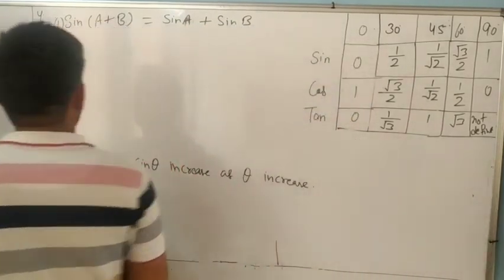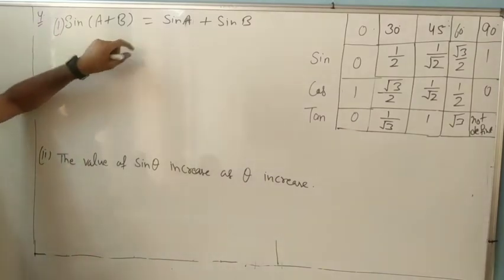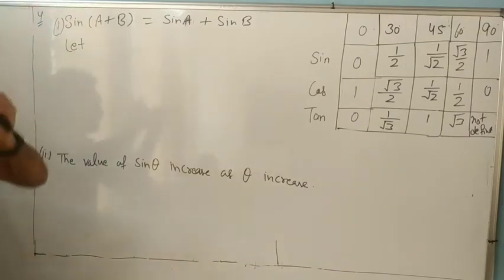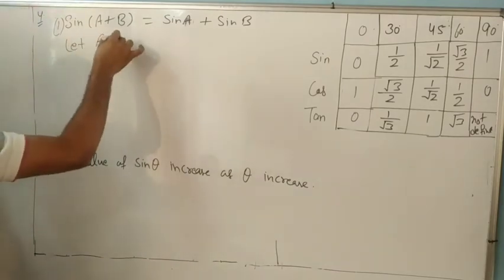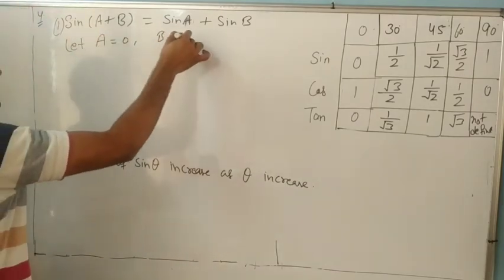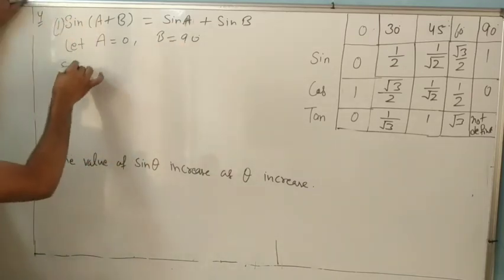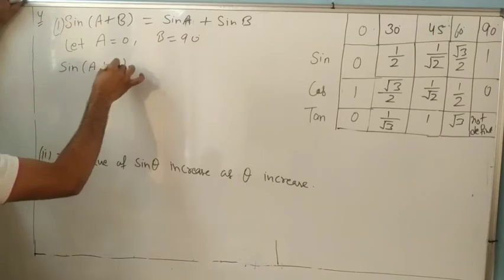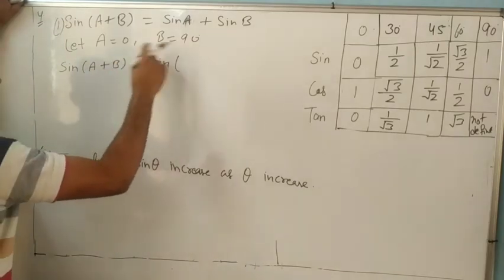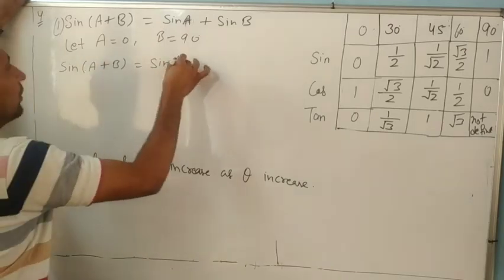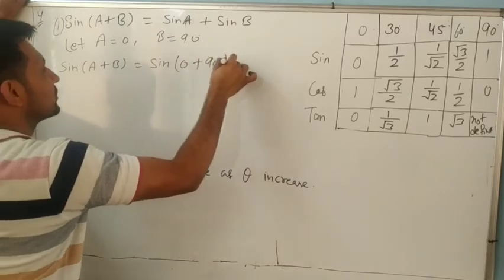What will we do? Look, A is some angle and B is any angle. So we can take any angle. Let A is 0, B is 90 degree. Now we will check it. Sin(A plus B), how much? 0 plus 90, so sin 90.